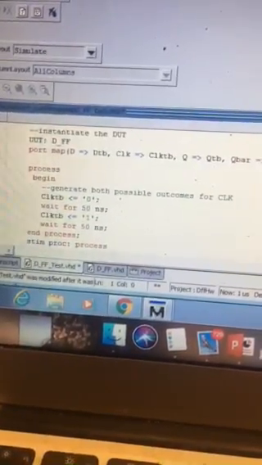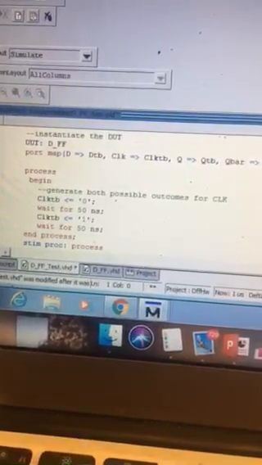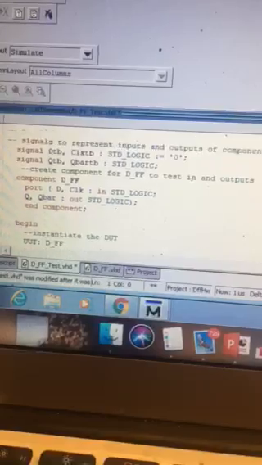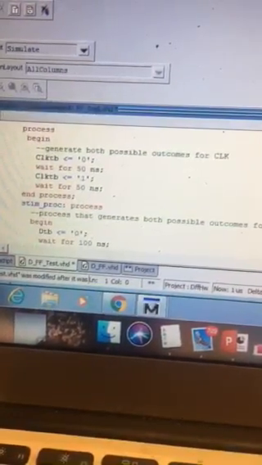And then we port map our component that we have created at the top here, and we're going to connect that to our signals.